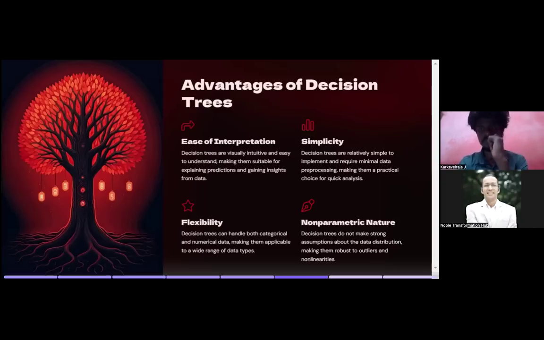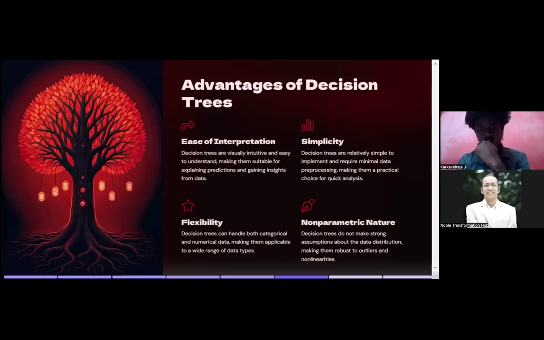Flexibility. Decision trees can handle both categorical and numerical data. That is the best thing. You can turn an array into a decision tree, right? That's the best thing. Suppose you have an array, whether a normal array or a multi-dimensional array, you can turn that into a decision tree simply.